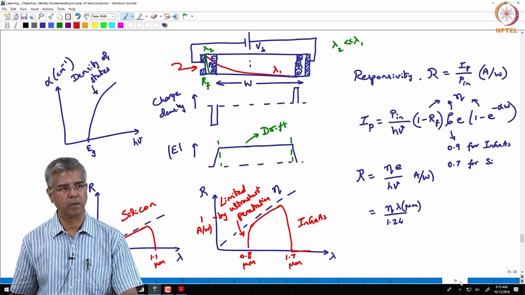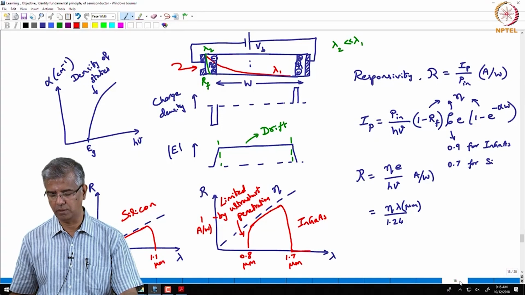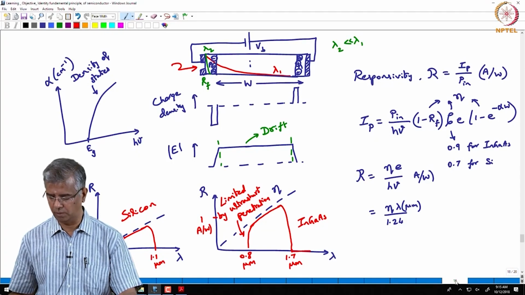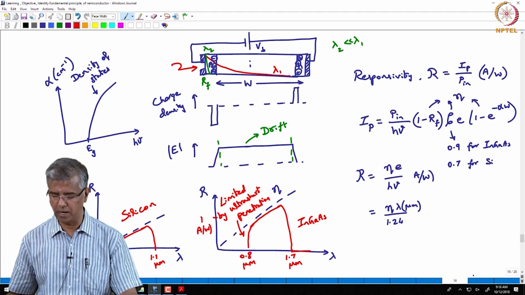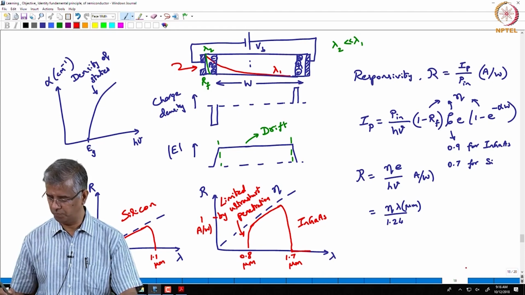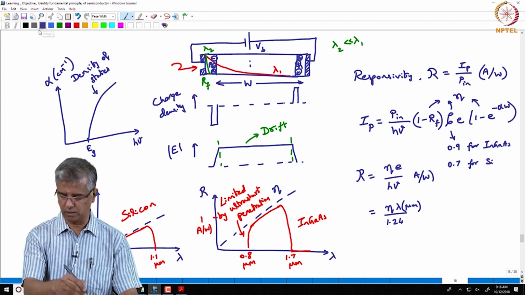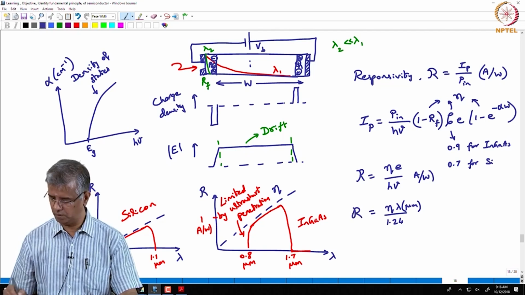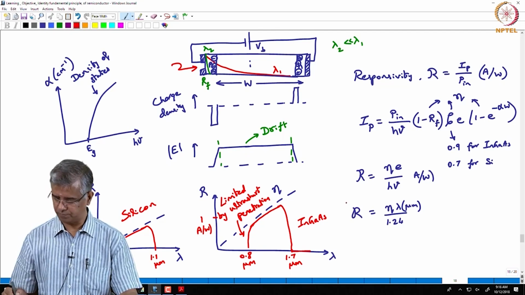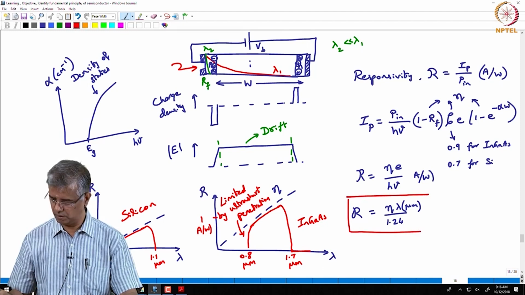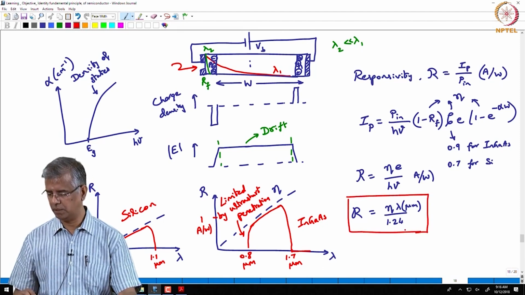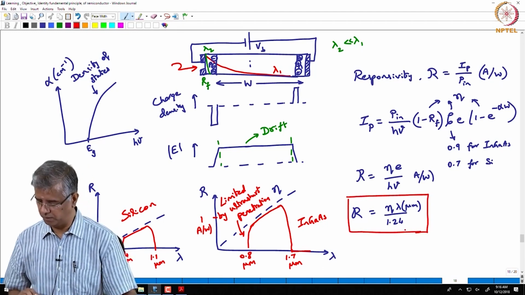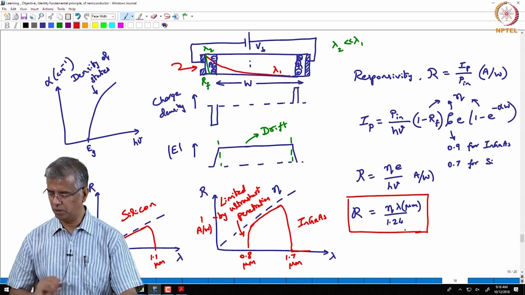So, to enable that, we have been considering a PIN diode, and we looked at some of the characteristics of PIN photodiodes. We defined the responsivity as eta multiplied by lambda, which is expressed in microns, divided by 1.24.